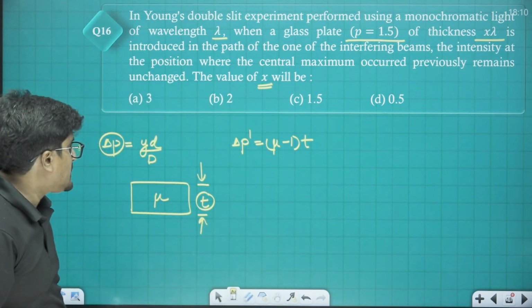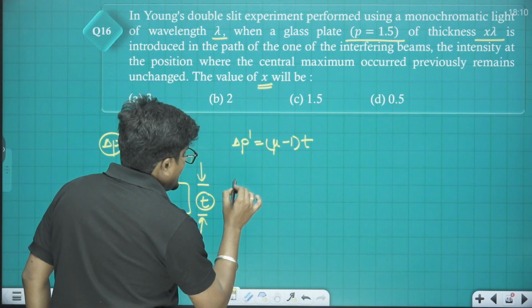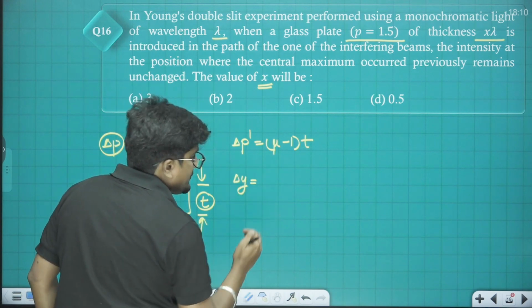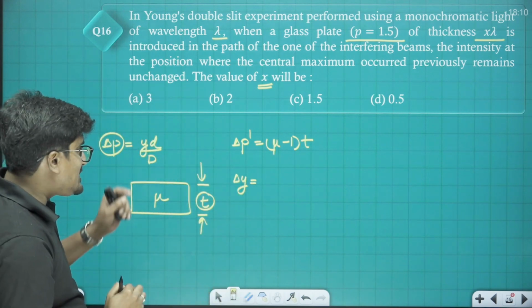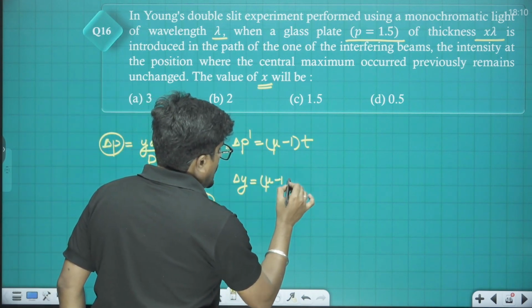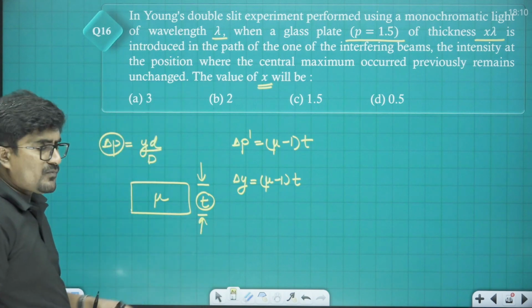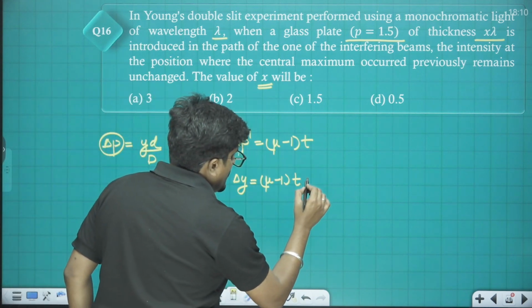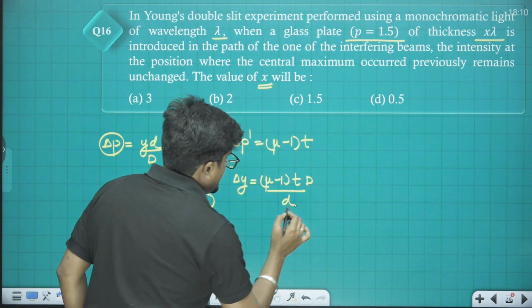We know about this part. So the shift in the fringe, delta y, is mu minus 1 into t times capital D all divided by small letter d.